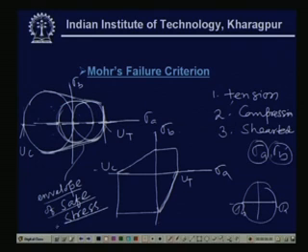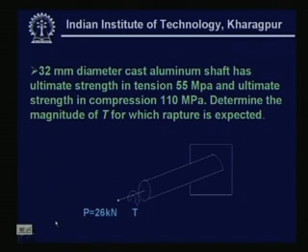The two popular theories are the maximum shear stress theory and the distortion energy theory, and for the brittle material we consider the Mohr failure criterion and the maximum normal stress theory. So, these are very important situations.